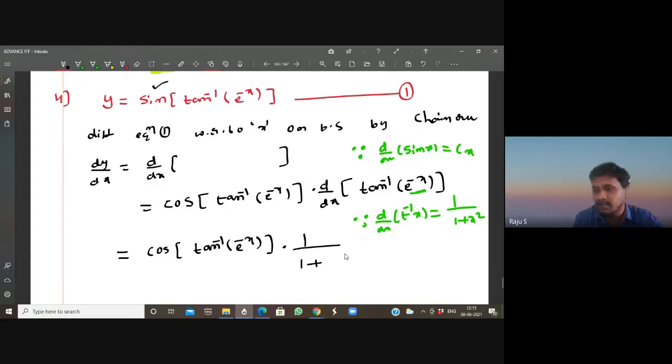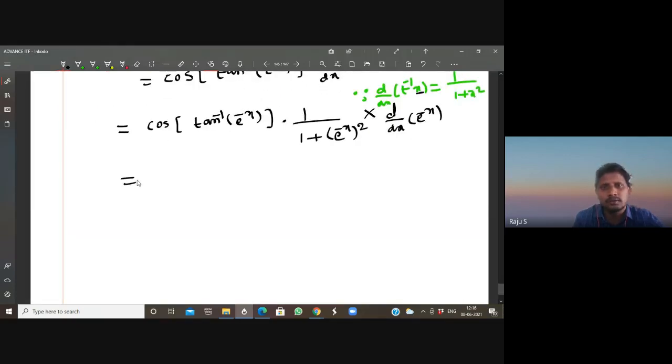What is the x value here in place of x? e power minus x the whole square, into, okay, we differentiated sine and tan from equation 1. What is the remaining function? e to the power of minus x. So d by dx of e to the power of minus x.